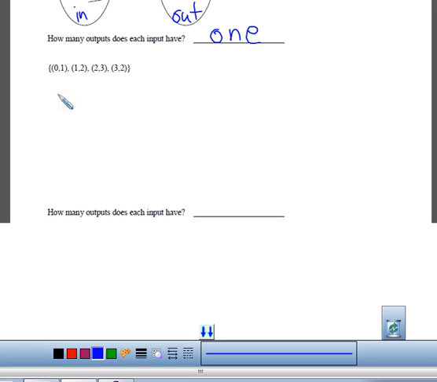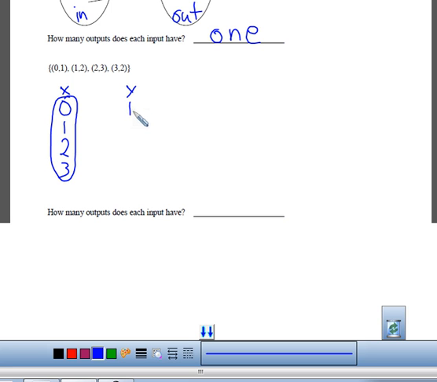Because every input has one output, it is a function. So let's take a look at this next one here. So again, I'm going to list my x values. So I have 0, 1, 2, and 3. So go ahead and put an oval around them. And then alongside of them, vertically, I'm going to list the y values.